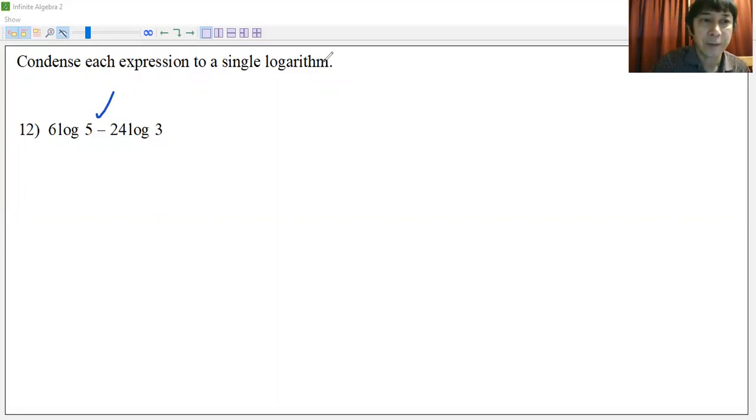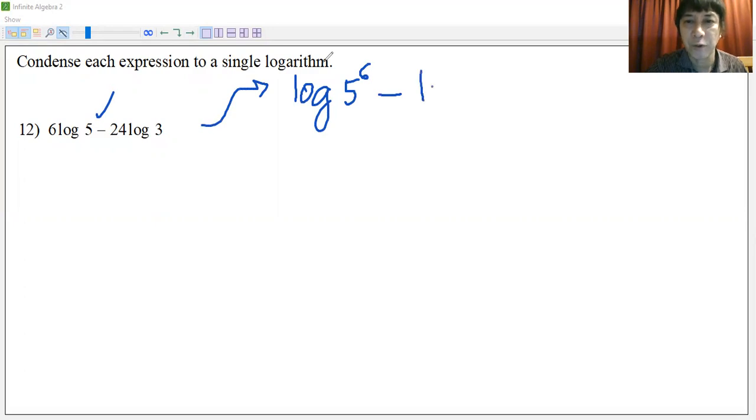So this will proceed like logarithm. We can now put the 6 as exponent of 5 there. Okay, and we have here minus, we will use now the 24 exponent of the 3 there. All right, and so we can now proceed to the ratio.